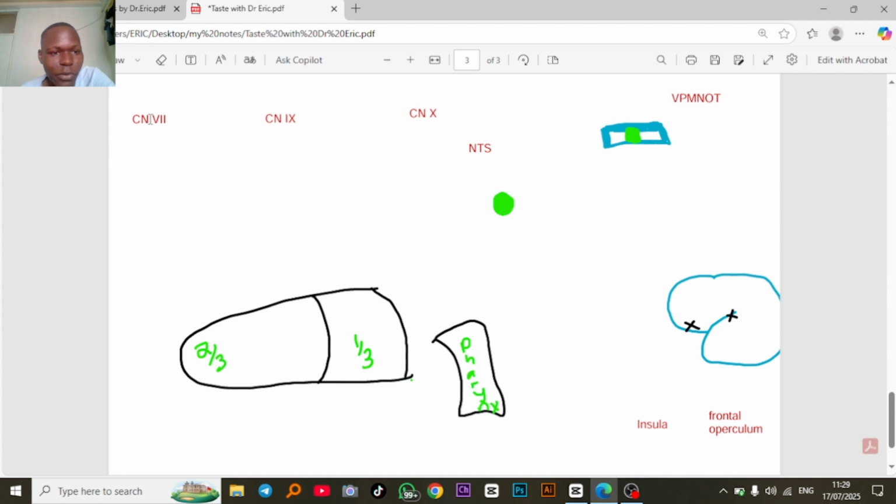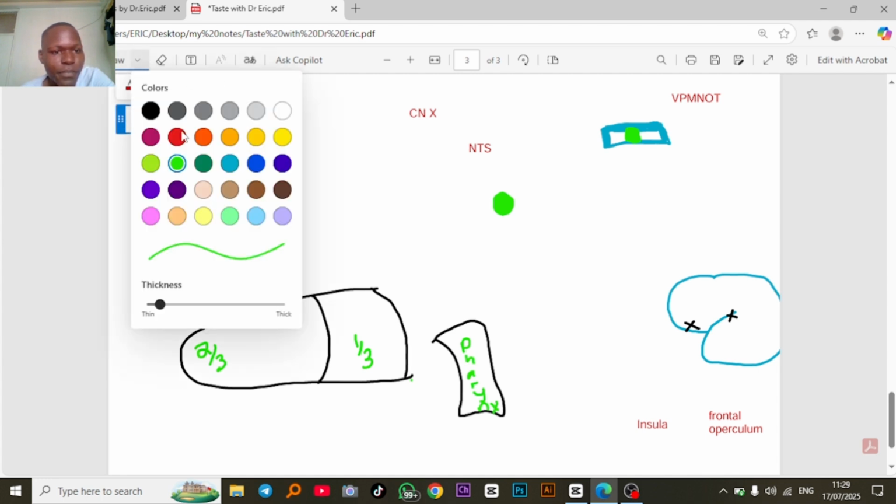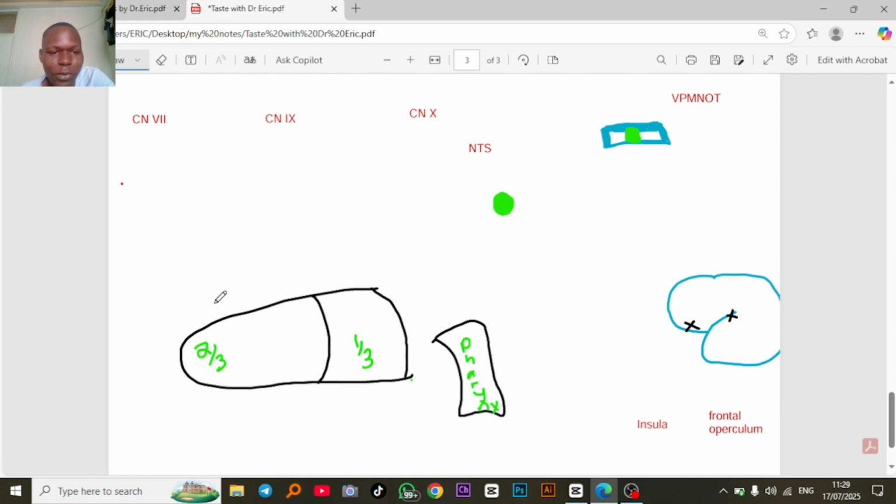So the first one, cranial nerve 7. Cranial nerve 7 will carry information from the anterior two-thirds of the tongue. However, it's not that it itself will carry the information. Cranial nerve 7 has other parts which are in direct contact with the taste buds.